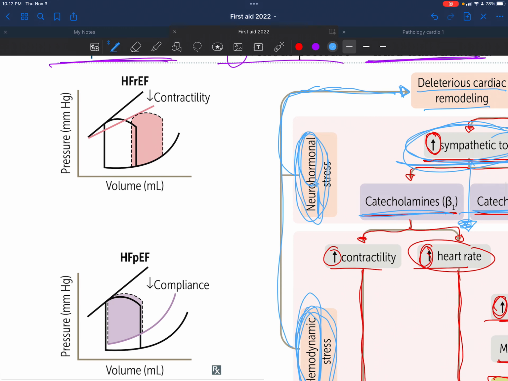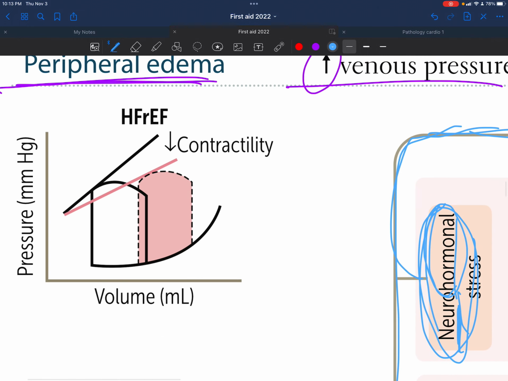So we have already talked about these diagrams before. What we have here is heart failure with reduced ejection fraction, so we have a systolic dysfunction. What is happening here? There is a problem with the black line. All of this black line is the normal cardiac cycle for one heartbeat, and it's fine.